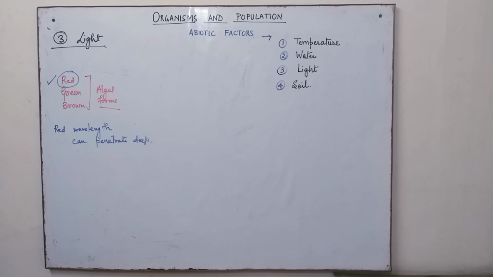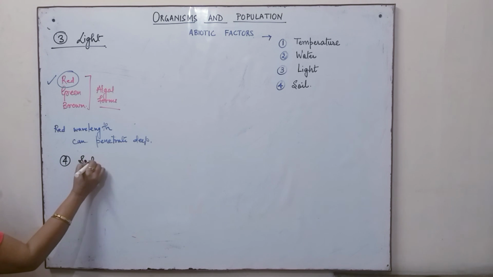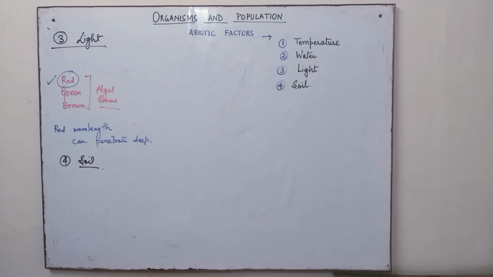Now the fourth important abiotic factor is the soil. Soil is the weathered layer of Earth's crust, and it is mainly made up of minerals and partly decomposed organic matter.